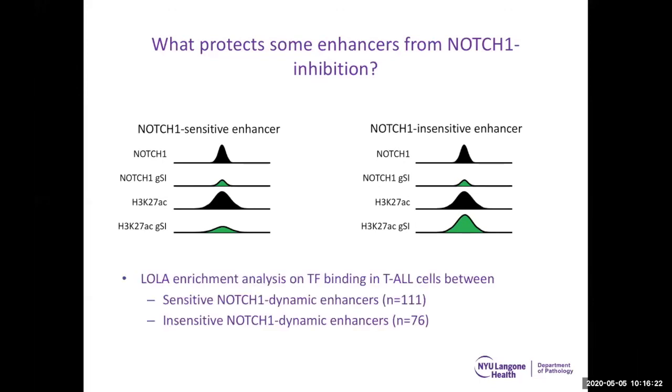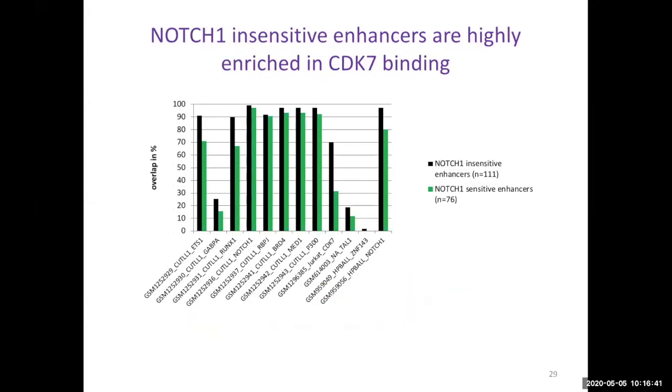To address that, we used publicly available transcription factor binding data in T-cell leukemia, and we asked the question: what differentiates sensitive and insensitive enhancers? What we've seen is that we don't see differences for Notch itself or its cofactors like RBPJ.